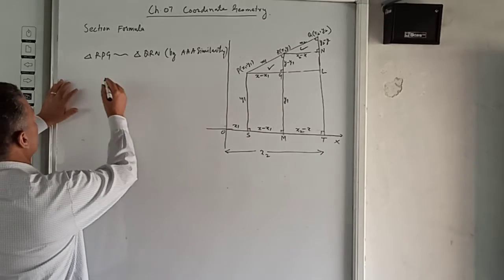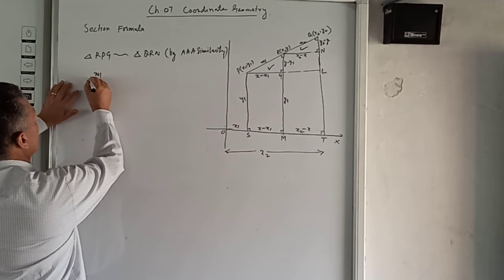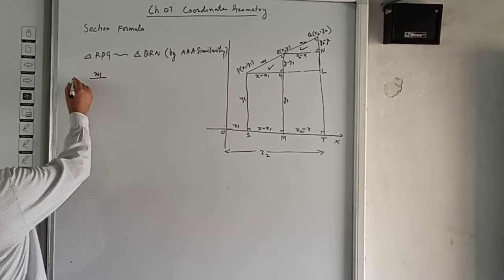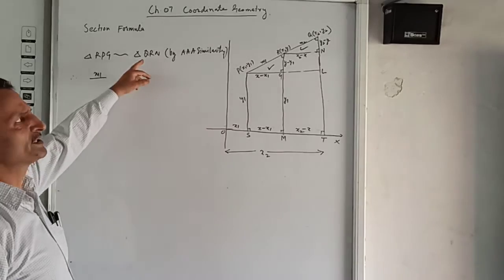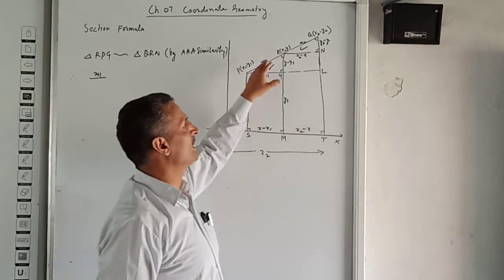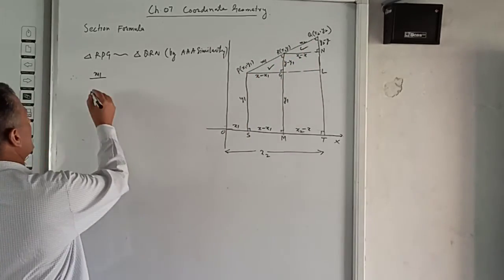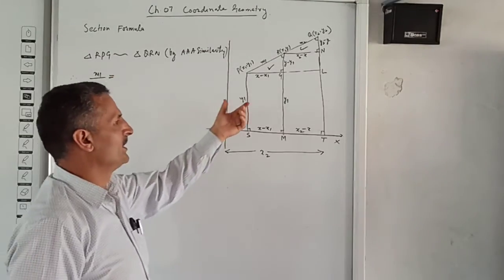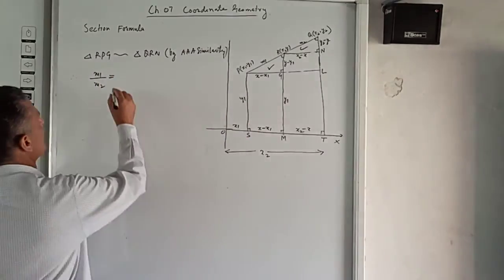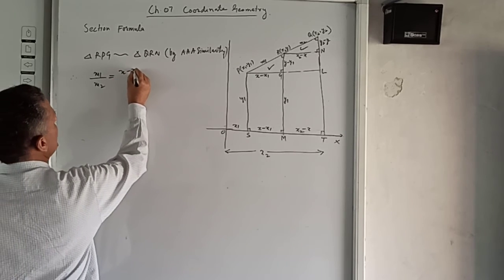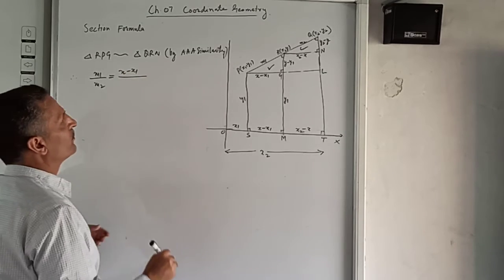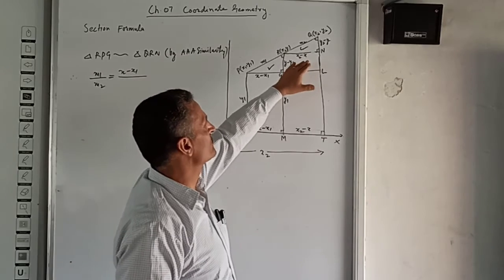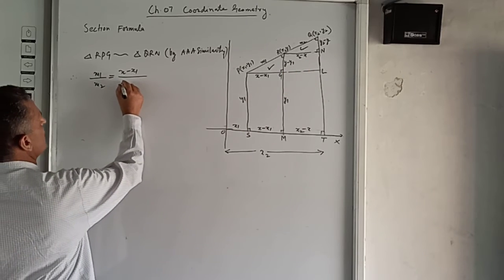When triangles are similar, sides are proportional. You will write then hypotenuse. This is M1 here. What is this side? It is M2. Equal to, what is this side? It is x minus x1, divided by, what is this side? Corresponding side, x2 minus x.